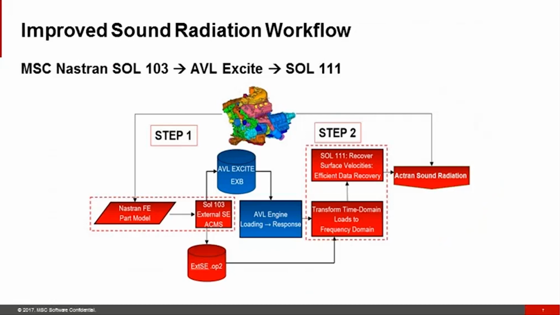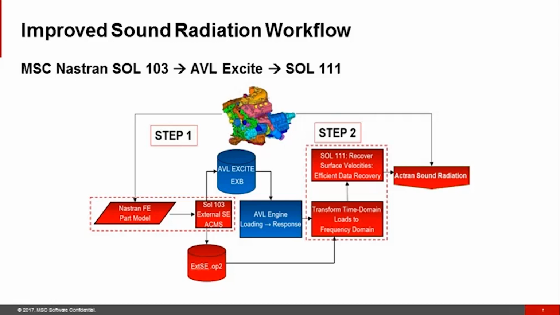Those mode shapes are then transferred at the intersection points in the AVL Excite program to get the time domain loads at the intersection points. From there, we go to what we call step 2, in which you come back to MSC Nastran to complete your Solution 111 or 112 type of workflow, and then you get surface velocities and other data recovery as needed to perform a sound radiation study.